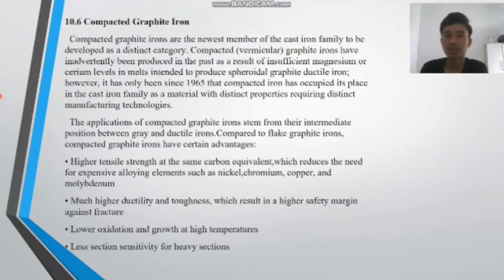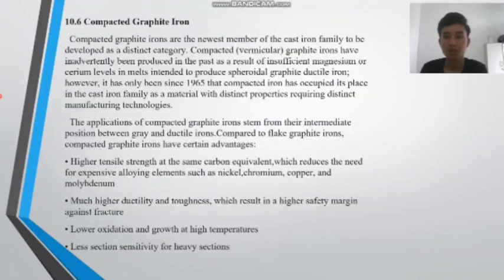10.6 Compacted graphite iron. Compacted graphite irons are the newest member of the cast iron family to be developed as a distinct category. Compacted or vermicular graphite iron has inadvertently been produced in the past as a result of insufficient magnesium or cerium levels in melts intended to produce spheroidal graphite ductile iron.